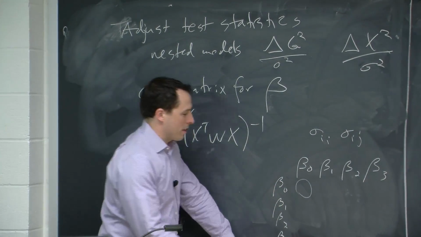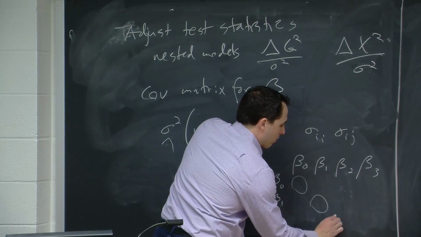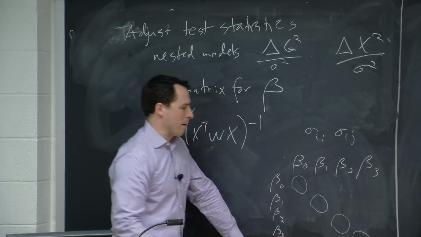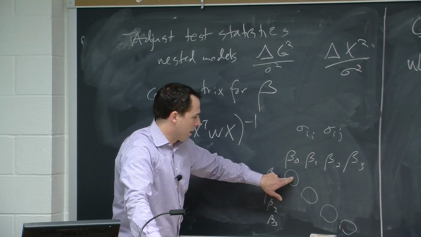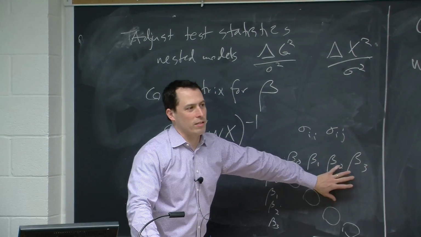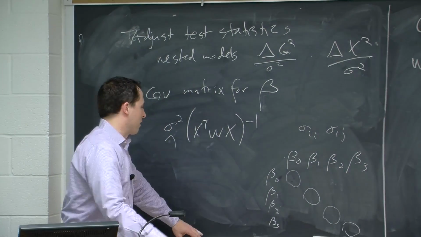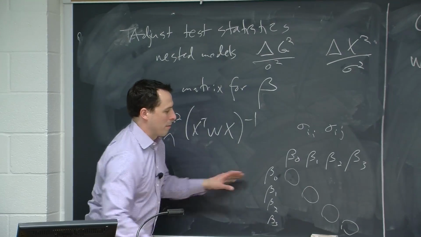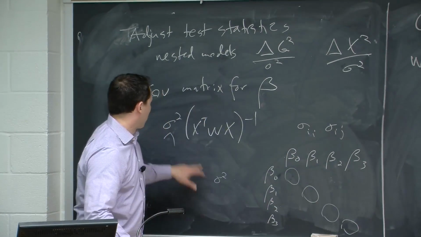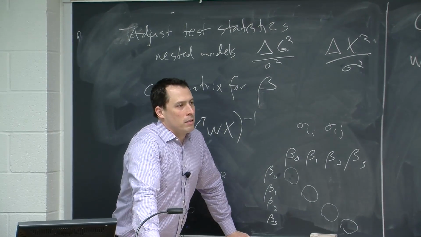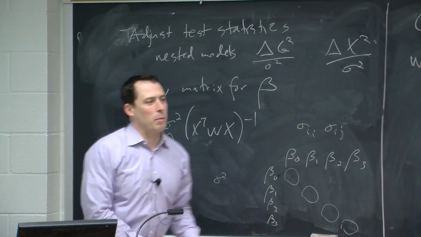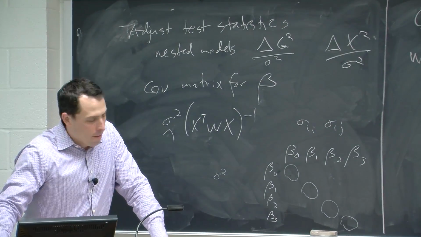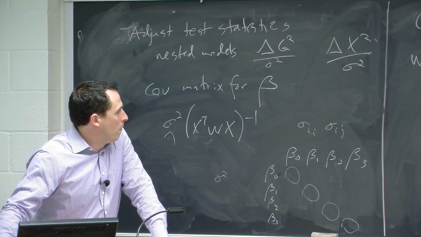If I was going to do a hypothesis test for an individual parameter or get a confidence interval, I would look at its variance, and then I can think about the covariances. So these are the numbers that I'm saying need to be adjusted. If I add an overdispersion parameter, I have to multiply this matrix by sigma squared. So yeah, everything gets multiplied by sigma squared. Okay.